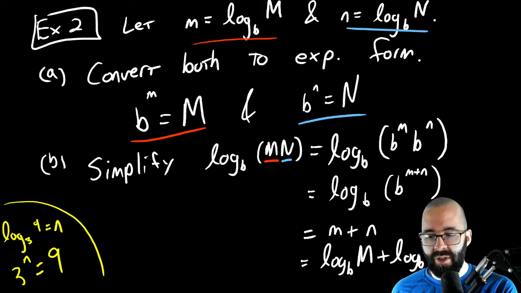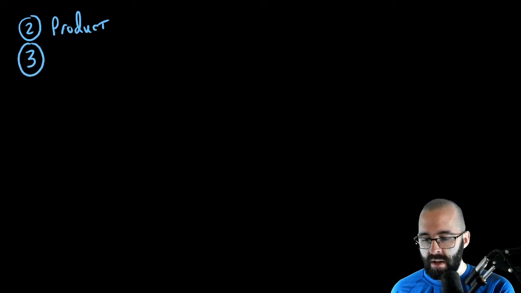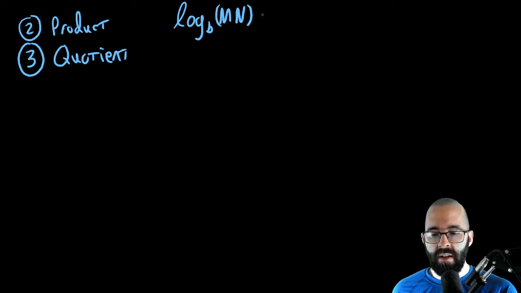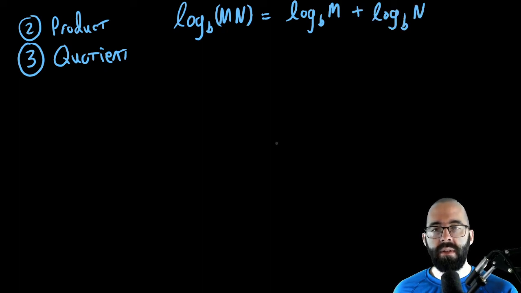There's a very similar one for the quotient rule. Let's write them down. Product and quotient rules. Product rule is exactly what we just wrote down. Log base b of m times n is just the sum of their individual logarithms.